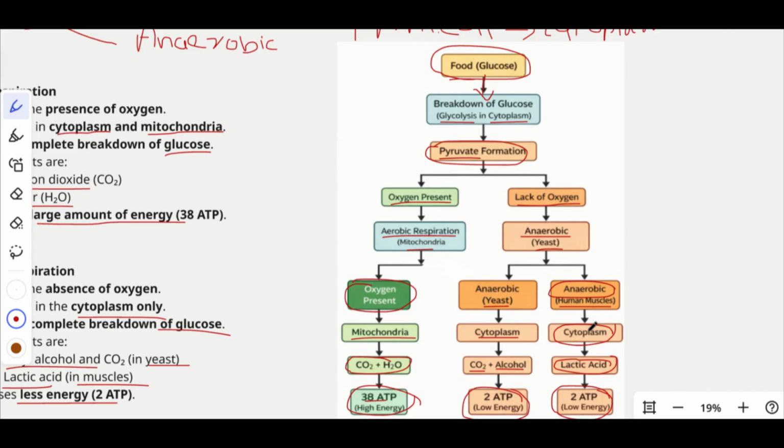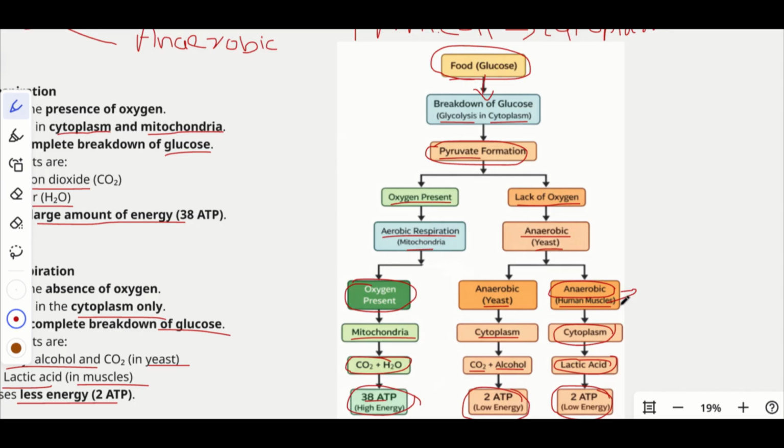If you are continuously running, continuously exercising, whatever you are doing, okay, something very exhausting. At that time, your body will run out of enough oxygen. So the body will shift to anaerobic respiration. You might have faced this issue: while you're running so fast or doing a lot of exercises, after a few minutes, you might feel some pain in your muscles, right?